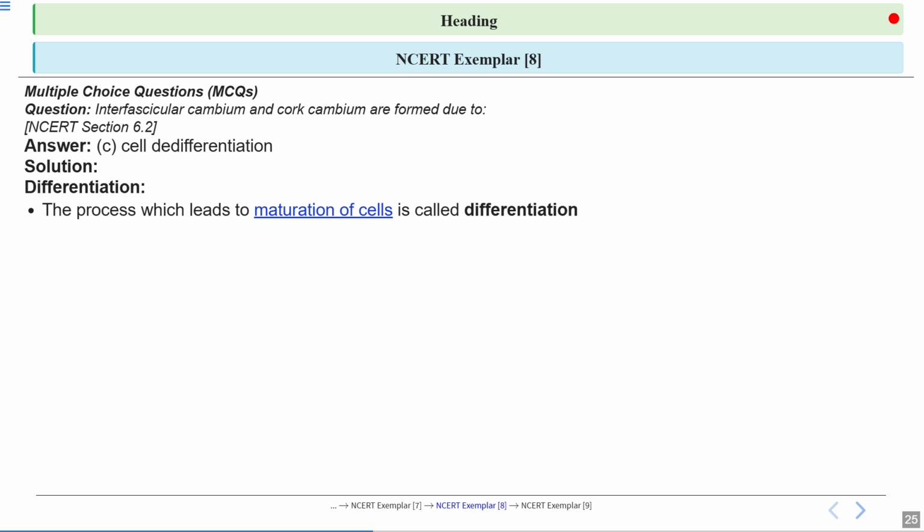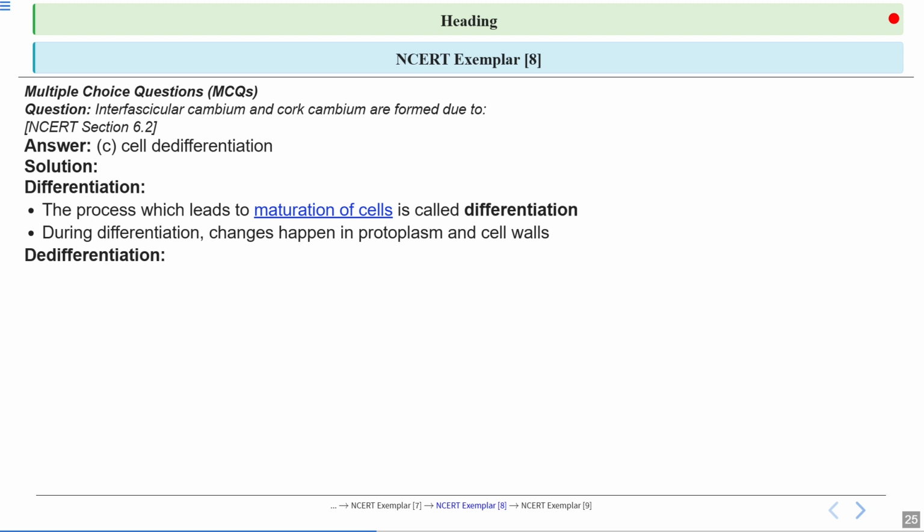These new cells attain a size and mature after transforming into different types of cells as required by the plant. During differentiation, changes happen in the protoplasm and the cell walls.